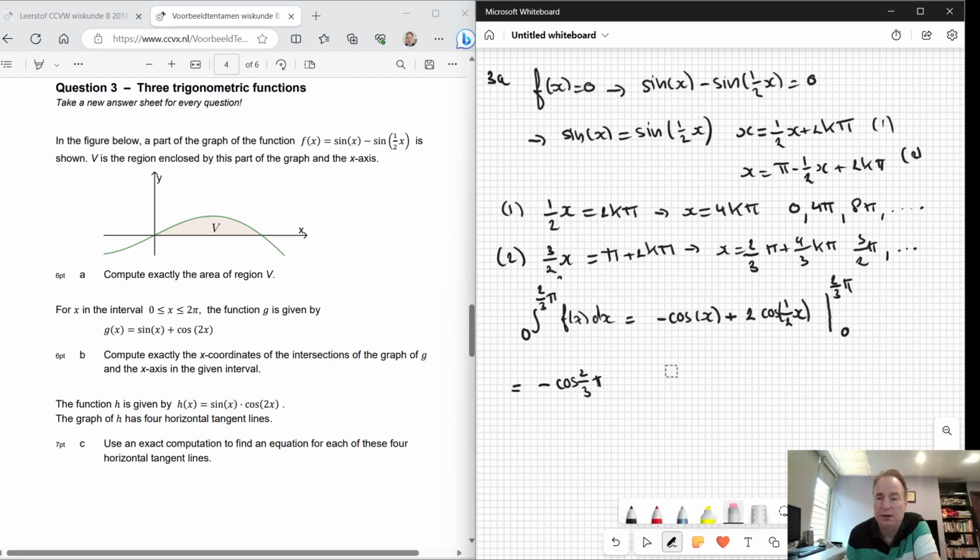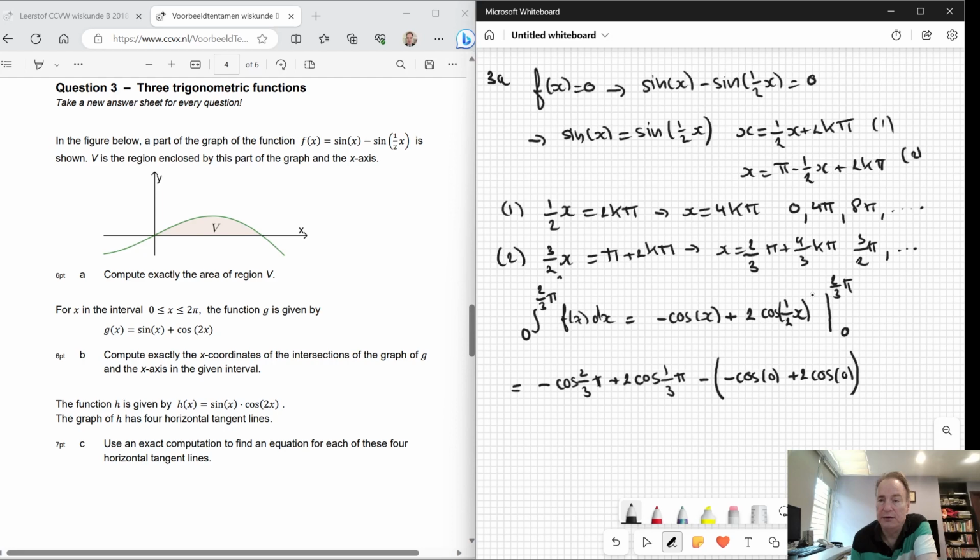Yeah, so you get plus 2 times the cosine of 1/3 pi, and then minus negative the cosine of 0 plus 2 times the cosine of 0. Okay, very easy to make mistake.